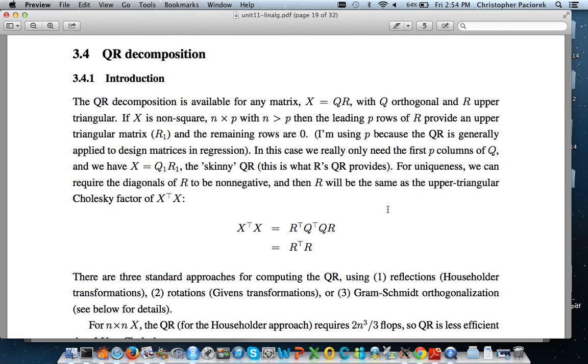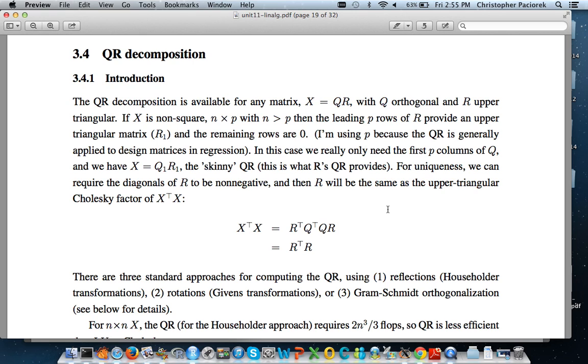And there's sort of two variations of this: the standard QR, and what's called the skinny QR. Okay, so I have some matrix X. Often we're going to have n bigger than p.